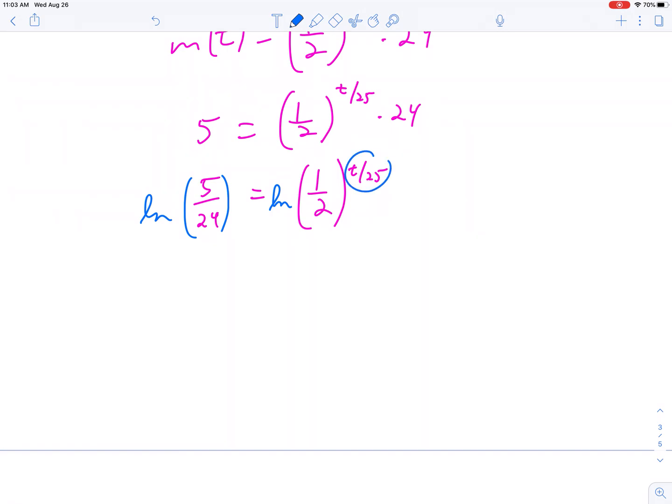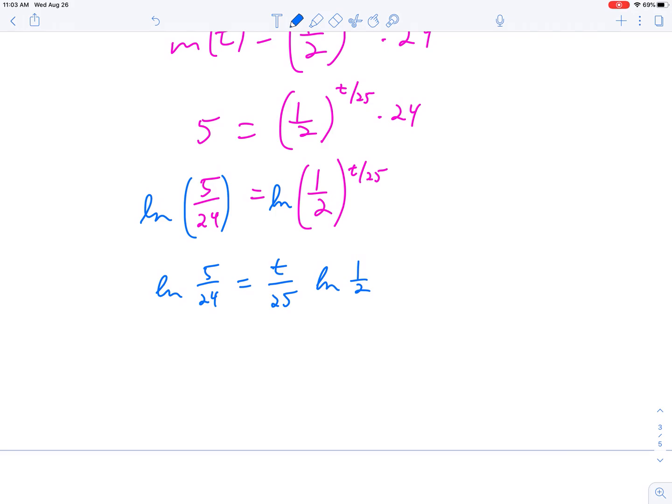One of those rules is nice. It allows us to take this exponent and bring it to the front as multiplication. So we get natural log of 5 over 24 equals t over 25 times natural log of 1/2.